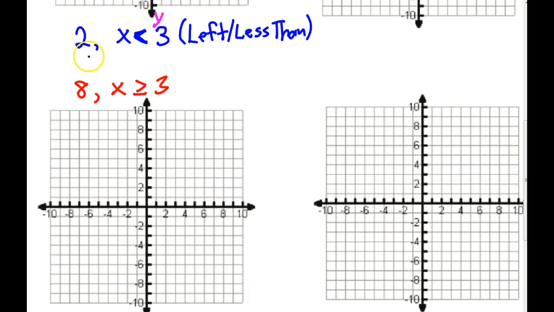So I'm going to go to y = 2 right here, and then look for x = 3, which should be 1, 2, 3 on the x-axis. So it's going to be everything right here, and then everything to the left. So starting here, everything to the left, and it keeps on going. So there's no start and stop. There's just one number. So that's just where it starts, and it keeps going that direction forever.